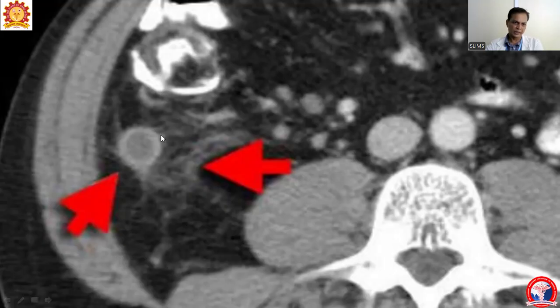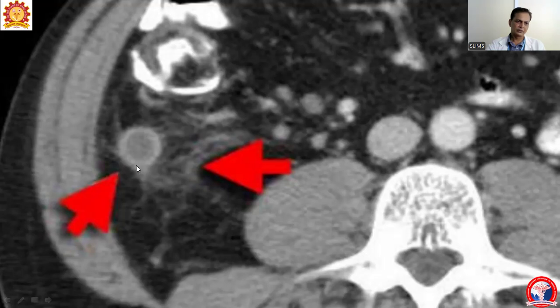Now again, we are coming back here. The appendix is in here. The wall is relatively thick and shows enhancement on the contrast study. Whenever there is inflammation, the microblood vessels are more, so the perfusion will be more, and that enhancement is in this area. So here are three findings.